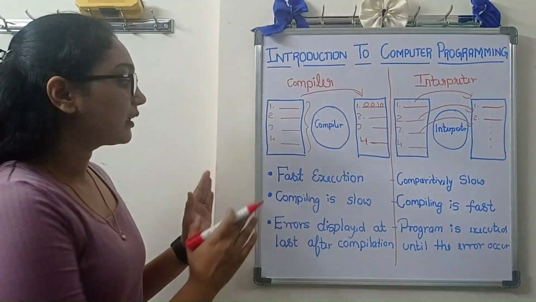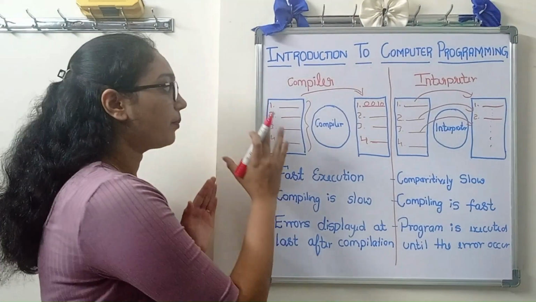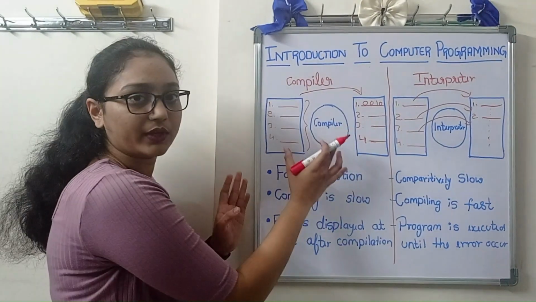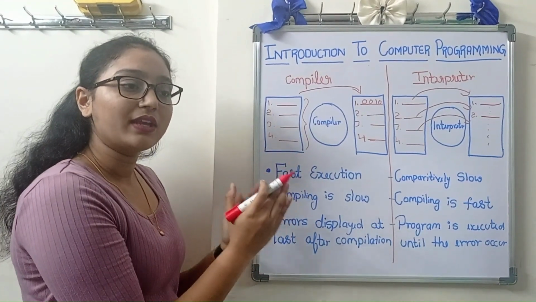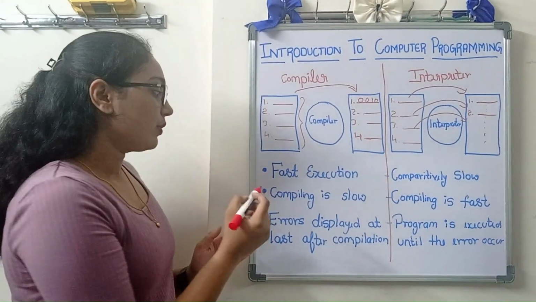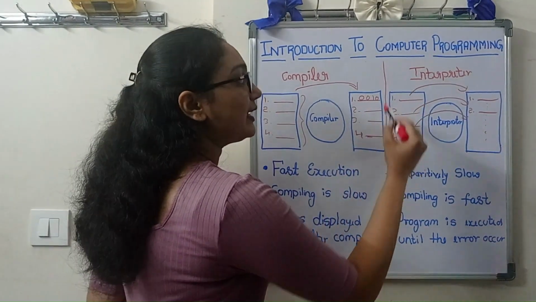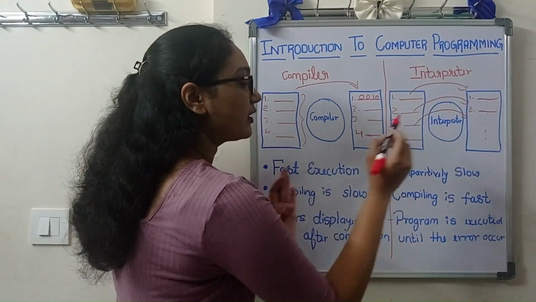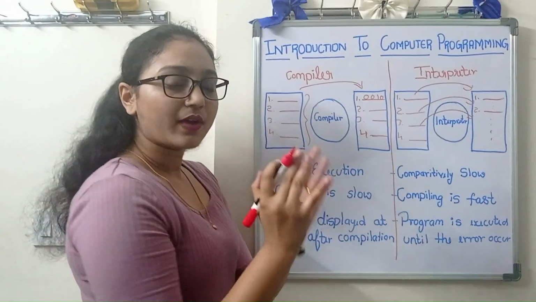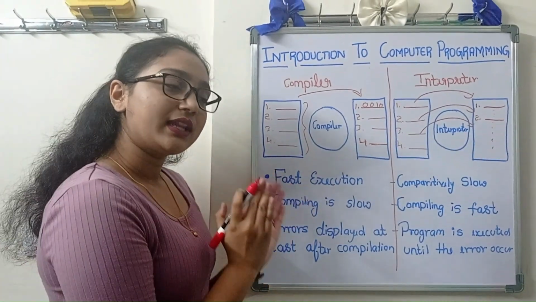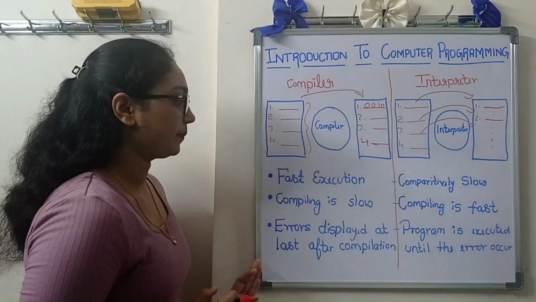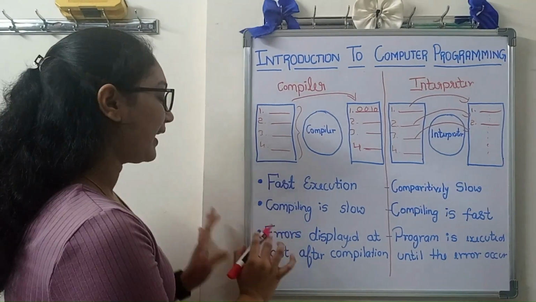And here, the compiling is slow. As a bulk amount of data is compiled together, the compilation time is more. In the case of an interpreter, each line is compiled, so the compiling is fast and the time taken is less compared to the compiler.